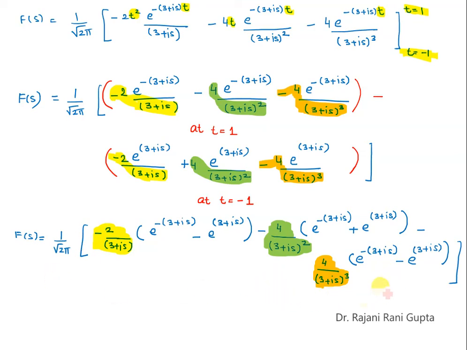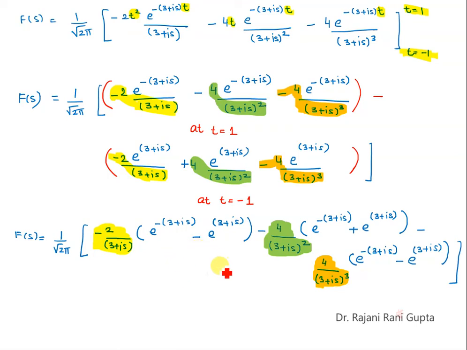So I want you to look for that on your own, how we can write it, how we can further simplify it so that we can get rid of this exponential term and we will have only trigonometric or hyperbolic functions. Okay, so this is the Fourier series expansion of the function.